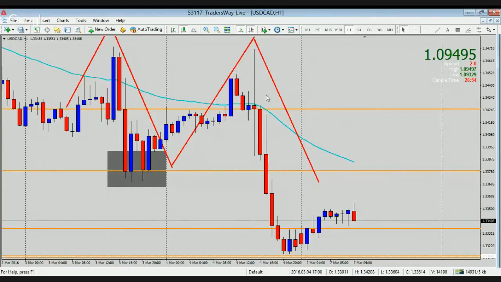But let me tell you guys this. Don't be scared to keep the trade open until it hits your first take profit, okay? If you take your entry off after the engulfing candle, price can come back up and retest here, but it's going to hit the first take profit. It is going to hit it.